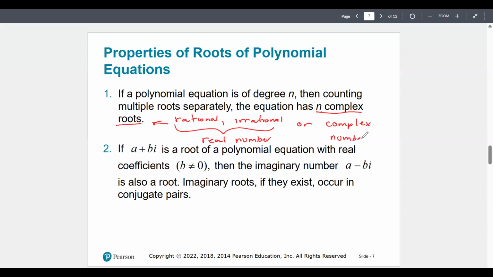So if you remember, real numbers are also complex numbers. So when we say complex roots, we just mean that there's going to be n roots, and it's a combination of real and complex numbers.